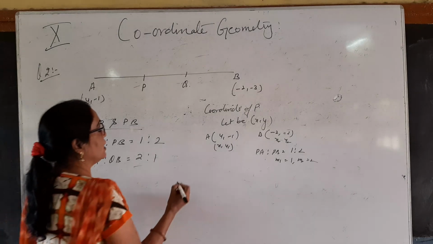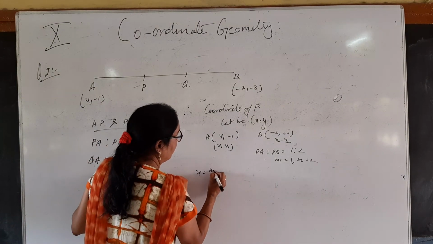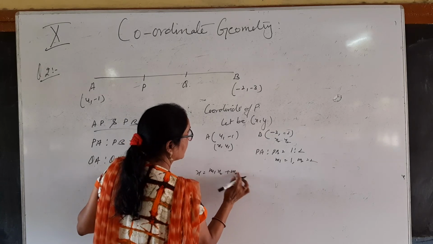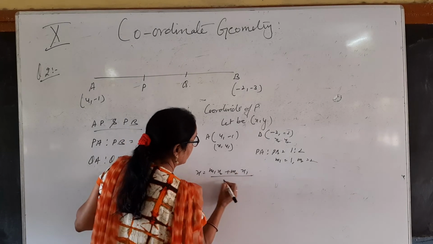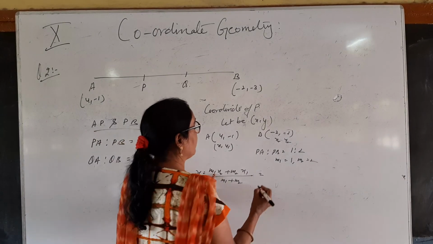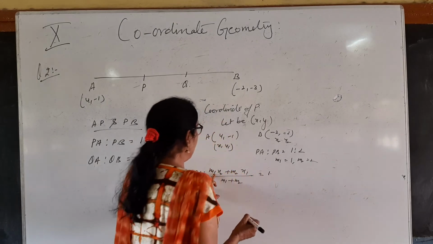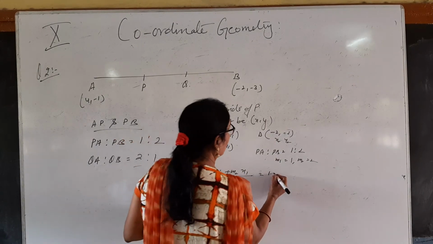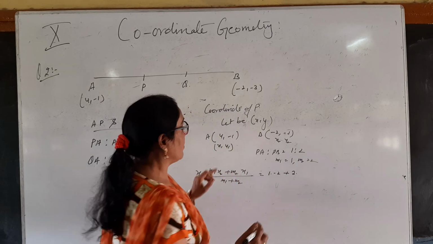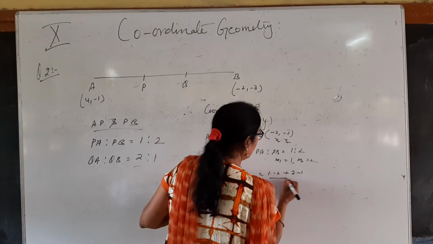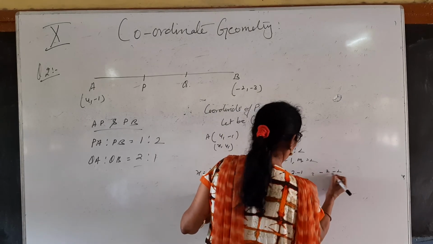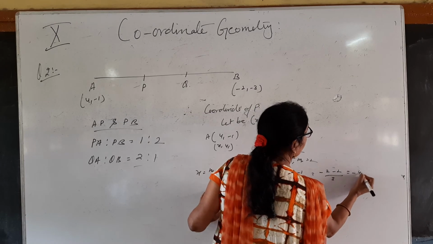Now dividing internally, x will be (m1·x2 + m2·x1)/(m1 + m2). Now m1 is 1, x2 is −2, plus 2 into −1, upon 1 + 2.